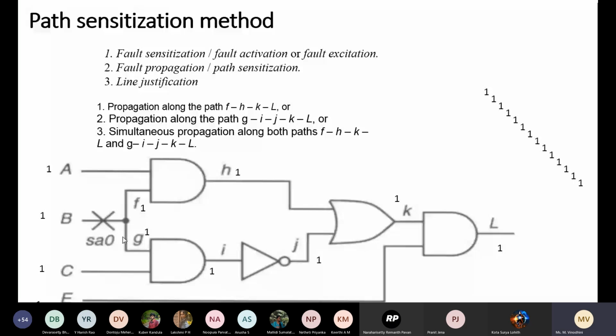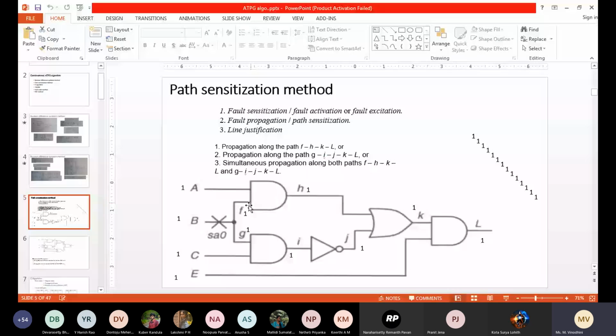So totally three paths: F, H, K, L; G, I, J, K, L; and both F, H, K, L and G, I, J, K, L in parallel. Remember, if there is a fan out branch like this, you need to consider the third path as both together.